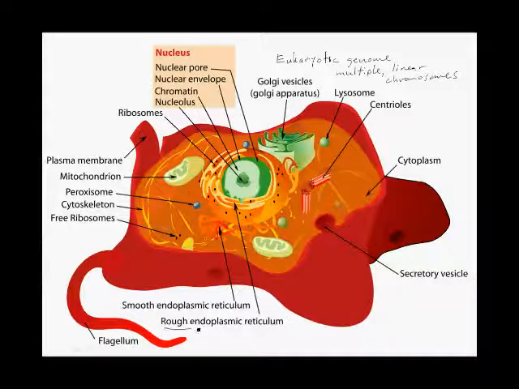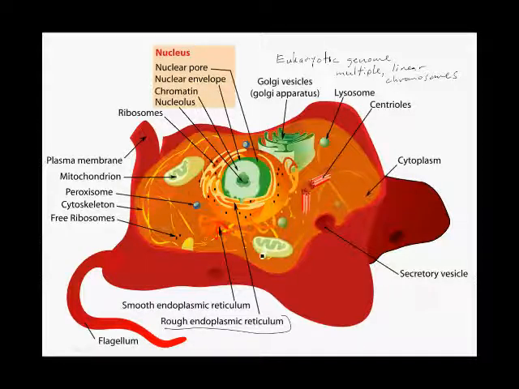Then the rough endoplasmic reticulum is contiguous with the endoplasmic reticulum that lacks ribosomes, and therefore appears smooth in an electron micrograph, and we call that the smooth endoplasmic reticulum, or ER.